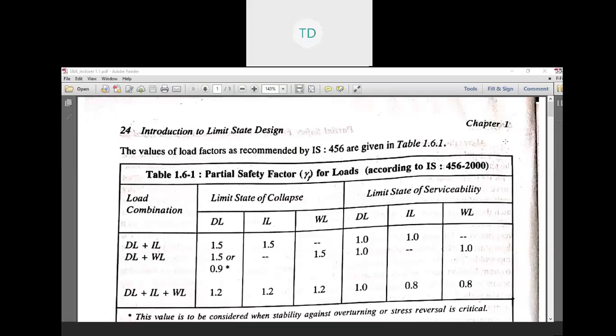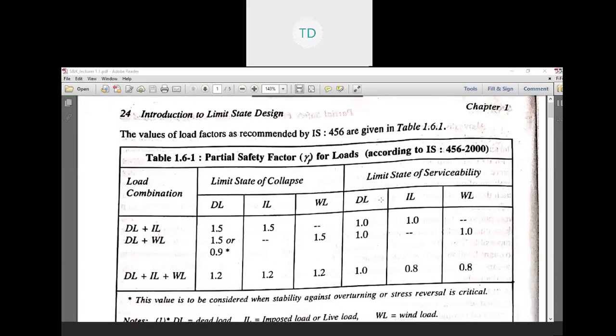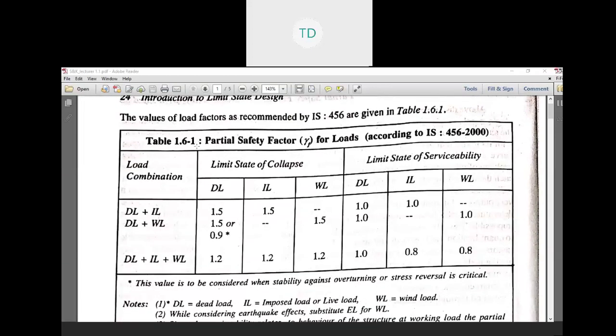First of all, the load factor values recommended by IS 456 are given in the table below. In this table, the partial safety factor gamma L for loads according to IS 456-2000.